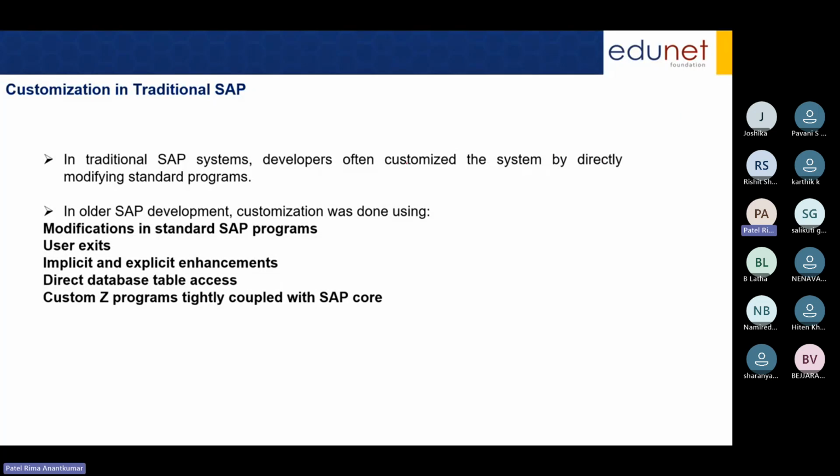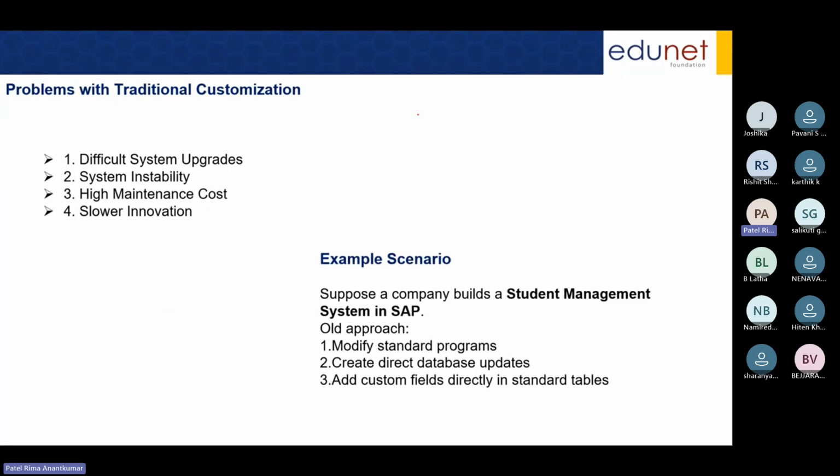The customization was done by modifying standard SAP programs, using user exits, using implicit and explicit enhancements, and direct database table access. And the Z programs we make were tightly coupled with the SAP core. So these were the ways of doing customization in traditional SAP.